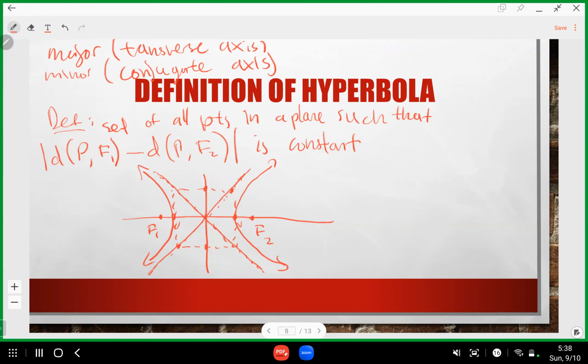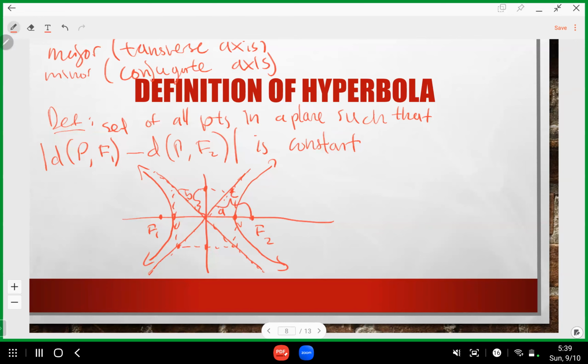And of course, the foci are outside of the vertices this time, right? So this distance is going to be a. This distance is going to be c. This distance is going to be b, right? The minor axis, or conjugate axis, is still going to be 2b, and the major axis, or transverse axis, is still going to be 2a.